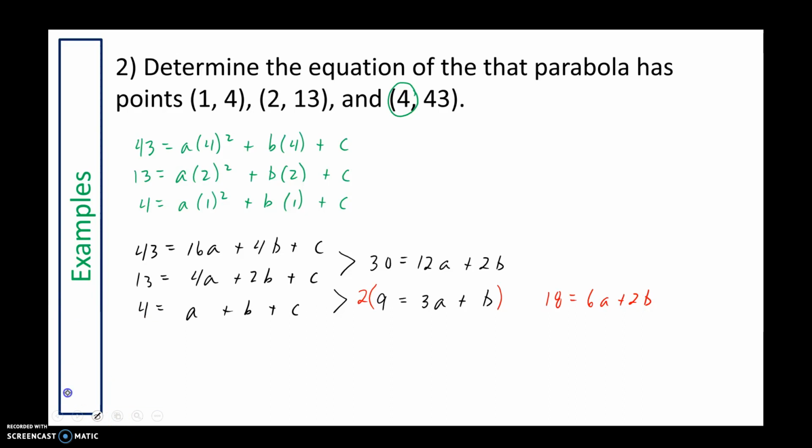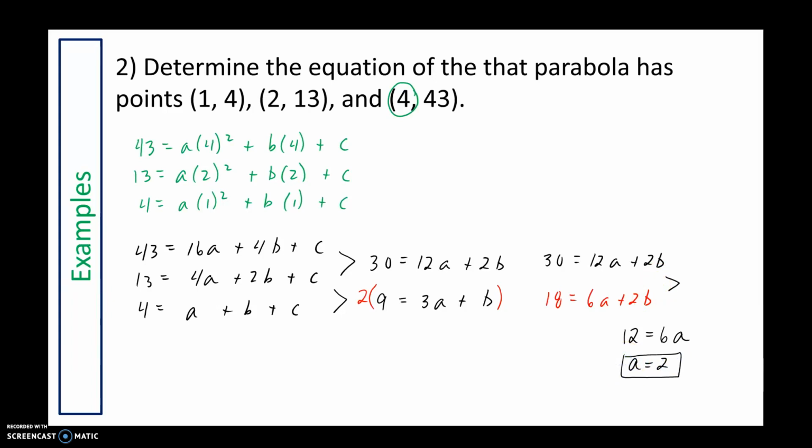I'm going to write the first equation right on top of that. Now that my coefficients are exactly the same, I can subtract these equations. This will give me 12 equals 6a, and then 2b minus 2b is 0. So now I have a value, a is equal to 2.